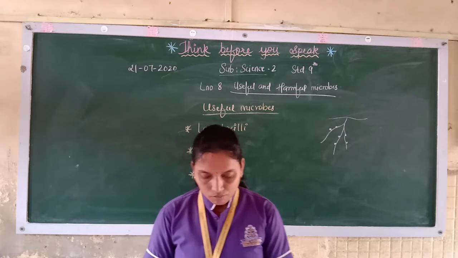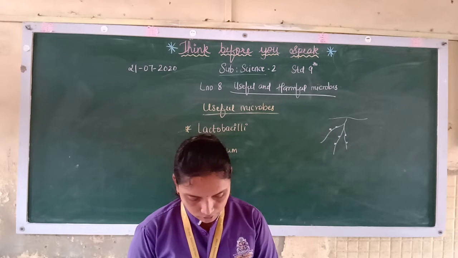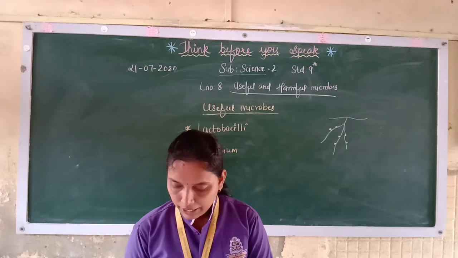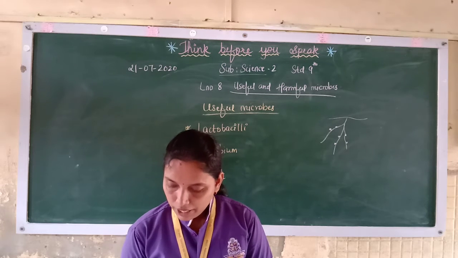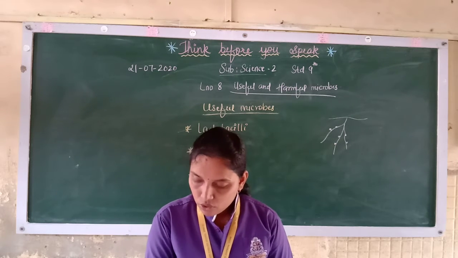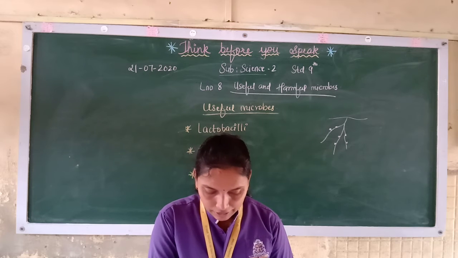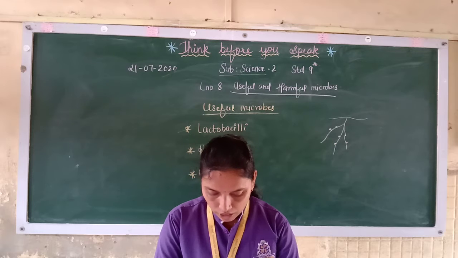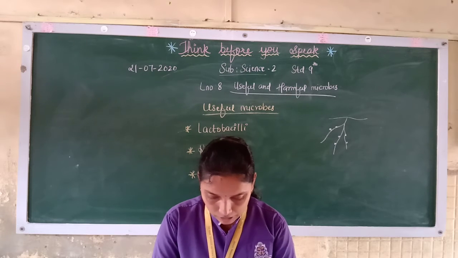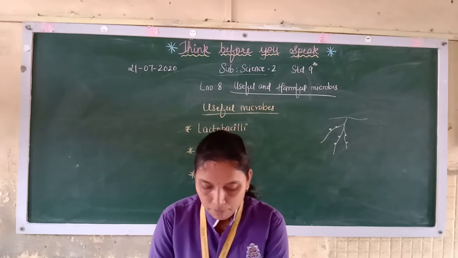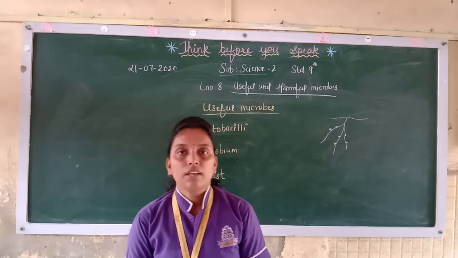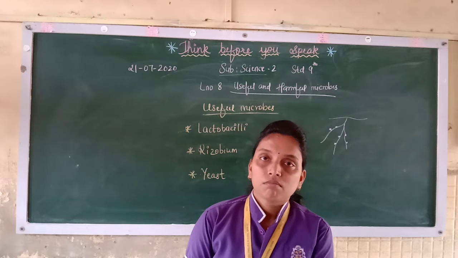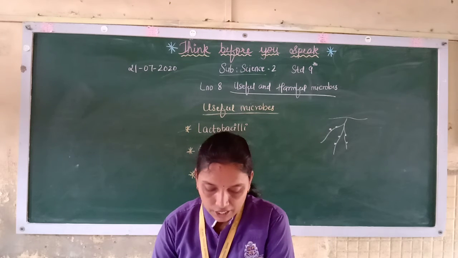Now, if you see how many different industries depend upon the lactobacilli bacteria. Here, these are all the dairy industries, which survive on this only, on the products which they give.